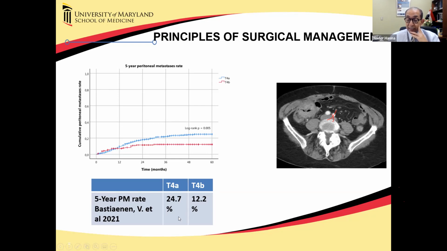So it's almost twice. The risk of peritoneal carcinomatosis in T4a is twice as high. Why? Most likely because the surgeon thought he was doing the patient a favor by dissecting the tumor off the adjacent structure. So please do not dissect adjacent structures, but you need to resect those structures.